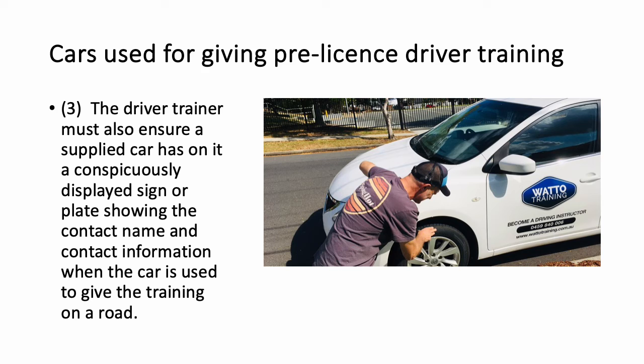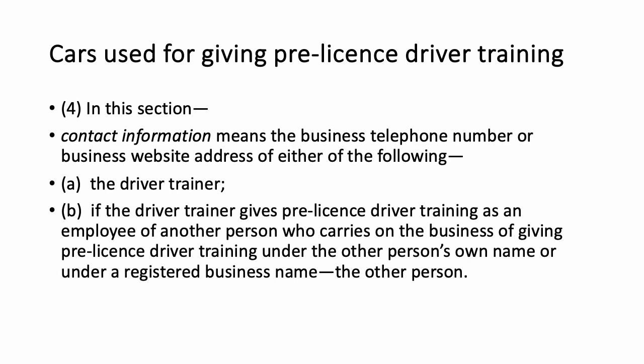3. The driver trainer must also ensure a supplied car has on it a conspicuously displayed sign or plate showing the contact name and contact information when the car is used to give the training on the road. 4. In this section, contact information means the business telephone number or business website address of either of the following.